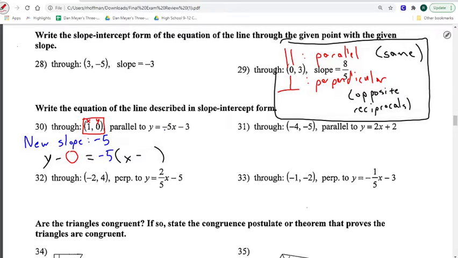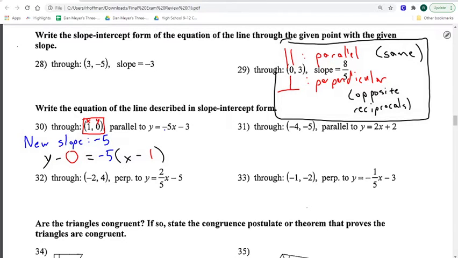Our x coordinate this time is 1. Notice we're never going to do anything with this y-intercept, this -3 here at the end. The part that we want to take from this equation is the slope. The slope is what matters on those parallel and perpendicular lines.